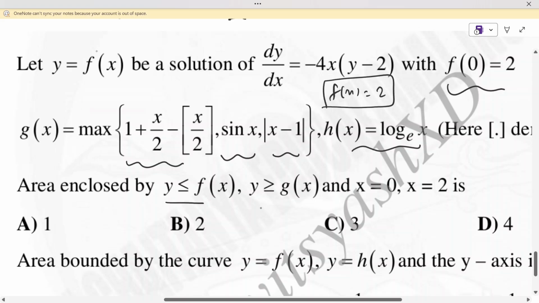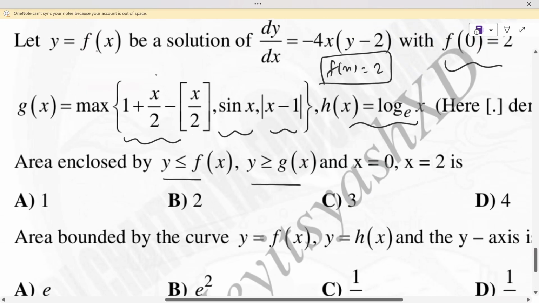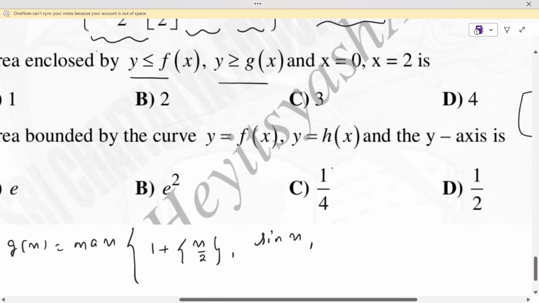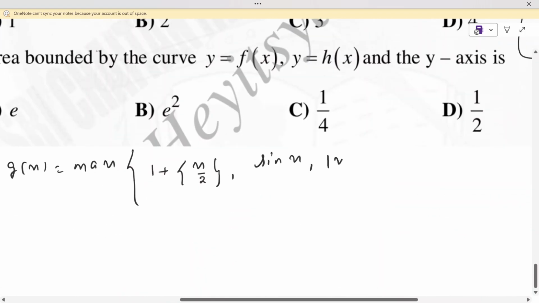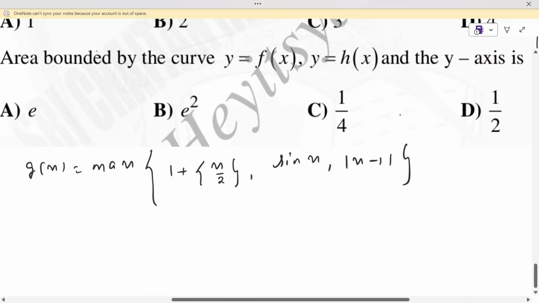First what we need is f(x) and g(x), and g(x) is equal to the maximum of 1 plus fractional part of x by 2, comma sin x, and comma modulus of x minus 1, taking the maximum of these functions, from 0 to infinity.